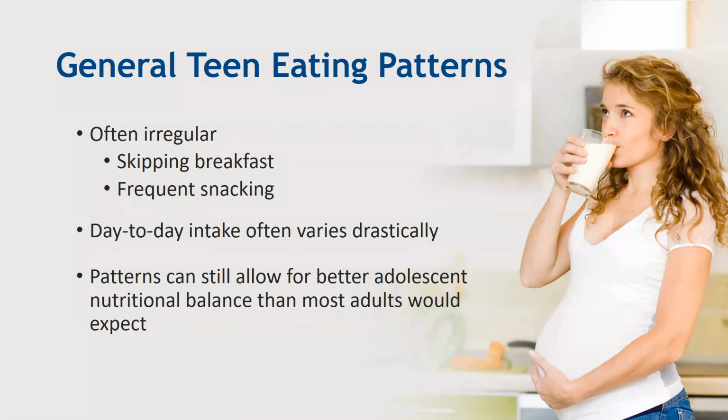So their day-to-day intake is going to vary drastically. Weight should be assessed over a period of days rather than each day. Supplements that the adolescent may need include iron, calcium, folic acid, zinc, vitamin A, and vitamin D.